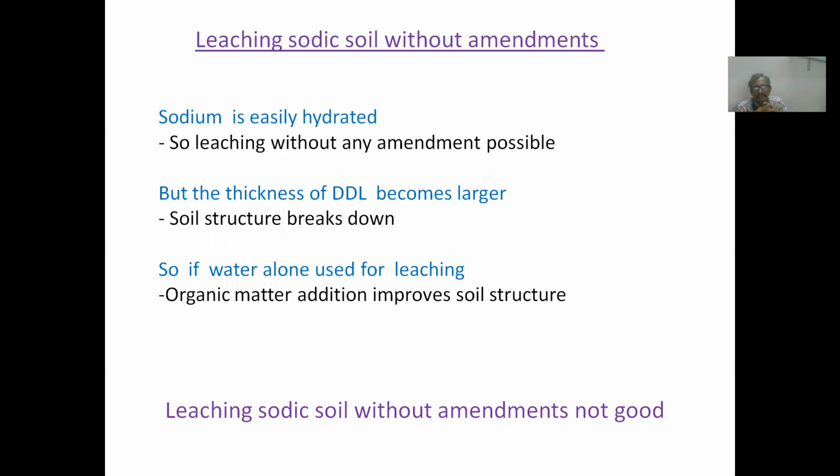Like gypsum, addition of more organic matter after leaching of sodium is done can also be adopted.